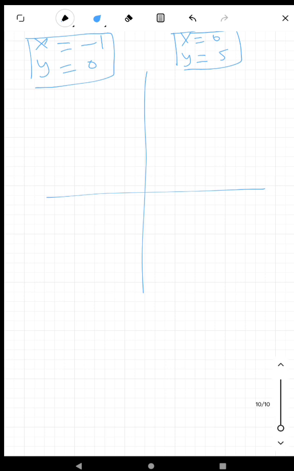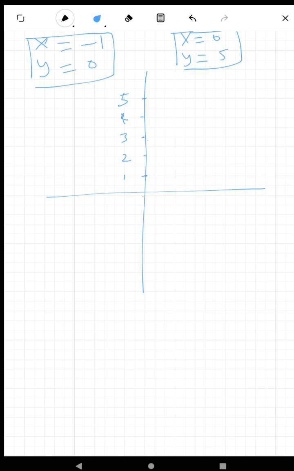When x is 0, y is 5. So let's take this 1, 2, 3, 4, 5.